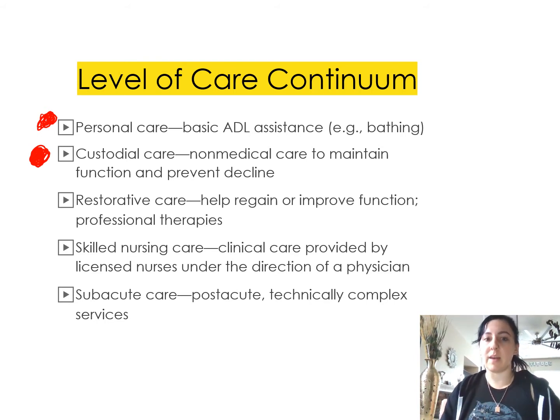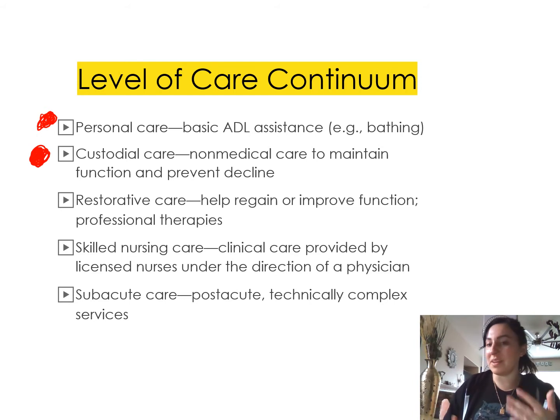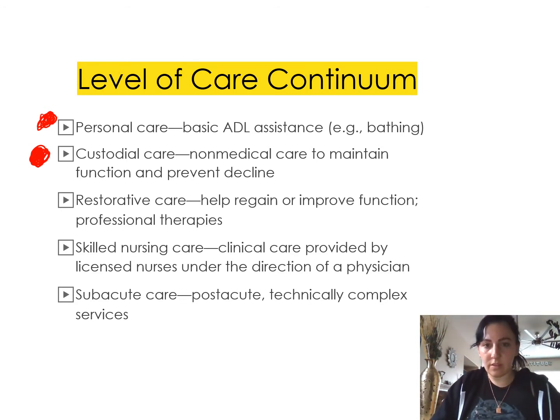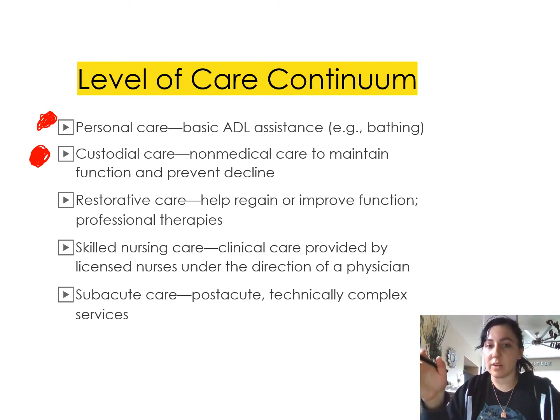So the caregiver might help them get up and walk them steadily over to their wheelchair, or try to do activities with them to help them maintain their function, and of course take care of them, doing things like bathing and making sure that they take their medication. That would be custodial care. So that's a little bit of a step higher than personal care, which is just very basic stuff. Custodial care would be more instrumental activities of daily living.